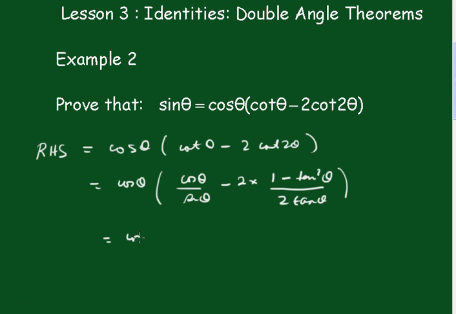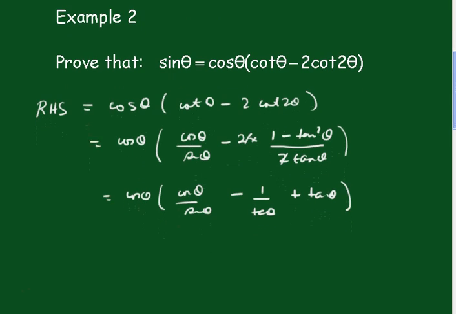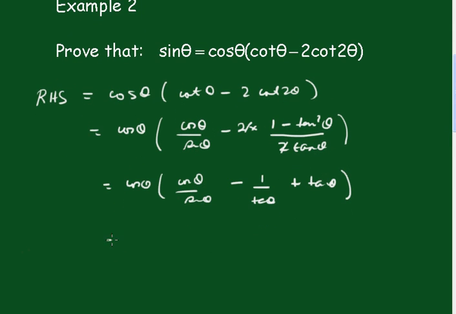Okay, so now we'll have cos theta over sine theta. Now these twos cancel out. We get minus, now we've got 1 over tan theta. Now it must be a plus, but this tan will cancel out with that tan squared, plus tan theta. There's all sorts of different ways of proving these things, so if you've got another way of doing it, that's fine too.